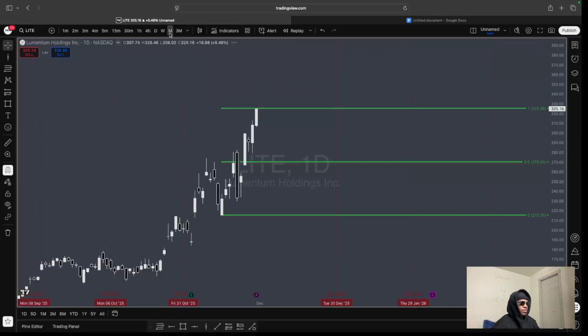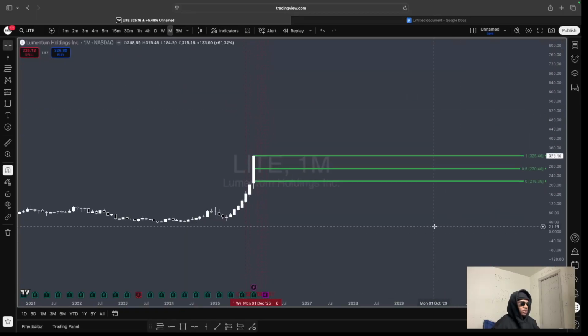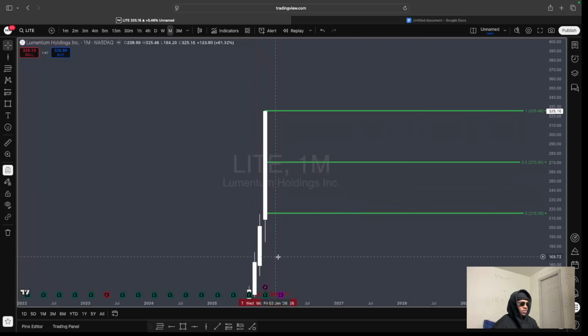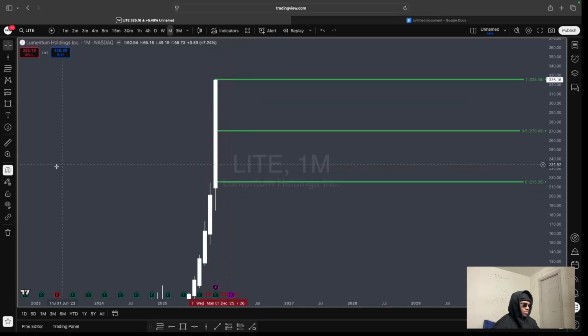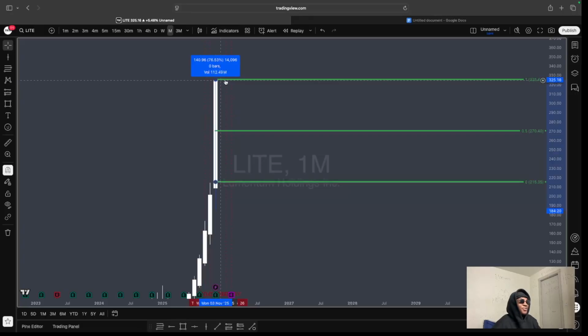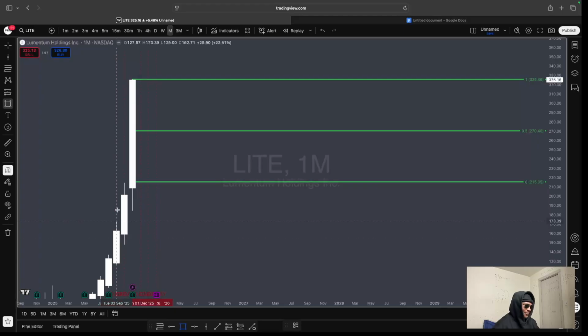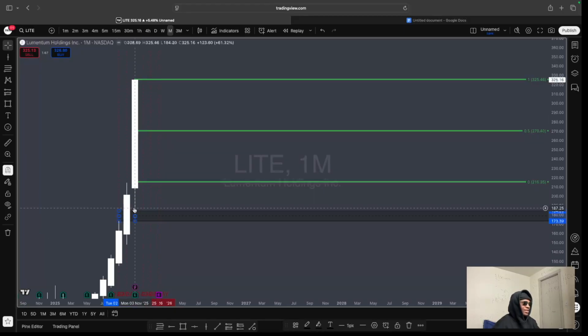Let me go to the monthly, weekly period. How much did it run up this month? This ran up $140 in a month. Sheesh. We got this monthly buy side imbalance, sell side inefficiency.